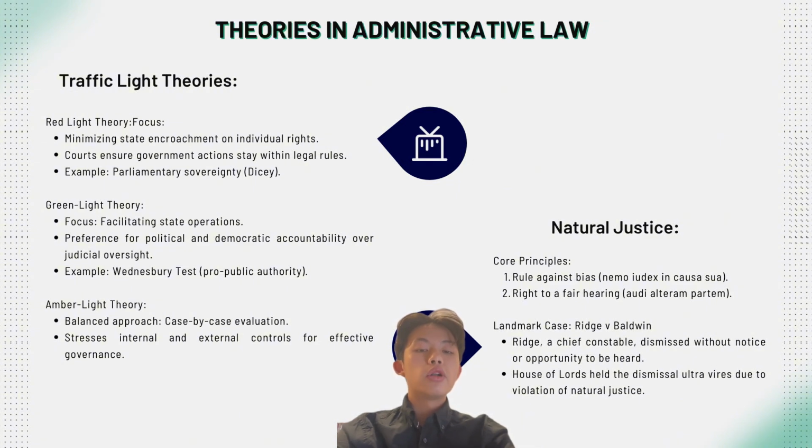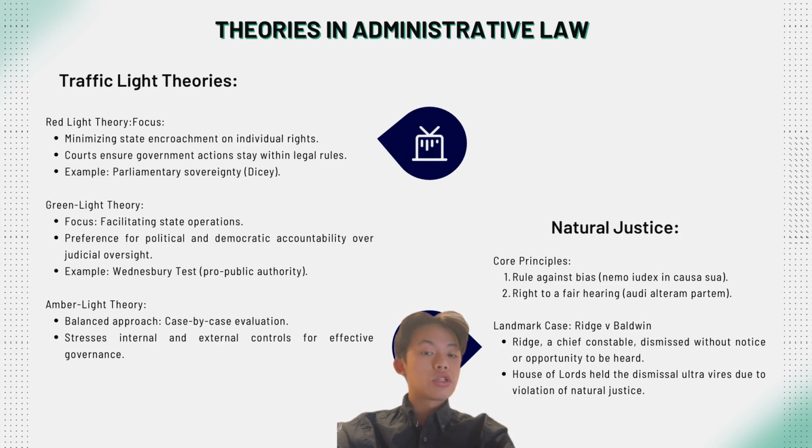So they embody two principles: the rule against bias, nemo iudex in causa sua, and the right to a fair hearing, audi alteram partem. The rules of natural justice form the second category of instance where a procedural impropriety may occur, and it acts as a safeguard against administrative action that could negatively impact the rights of individuals.